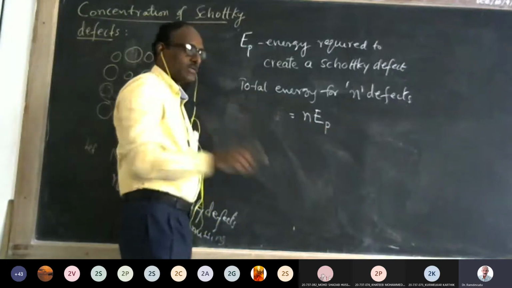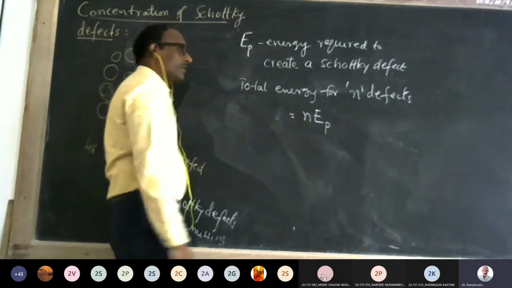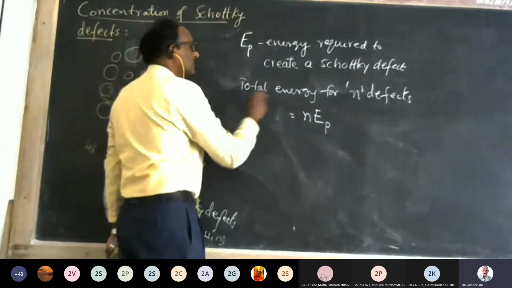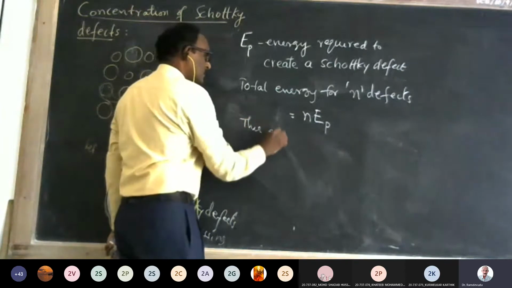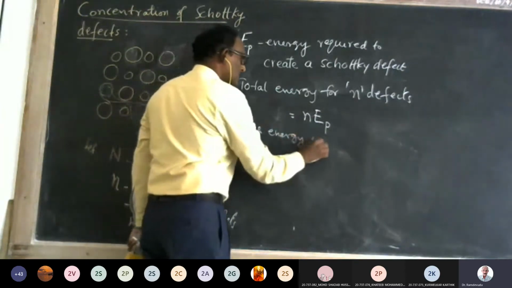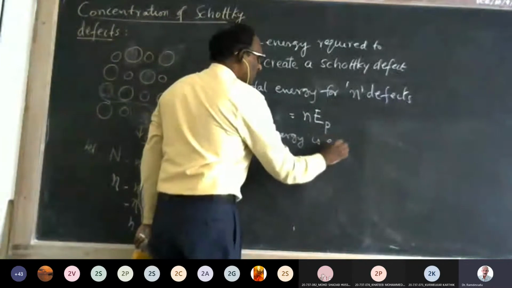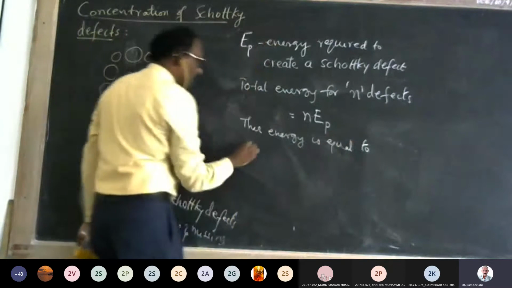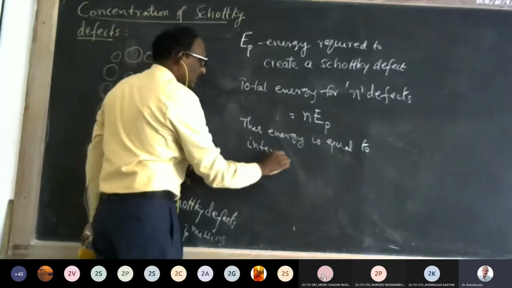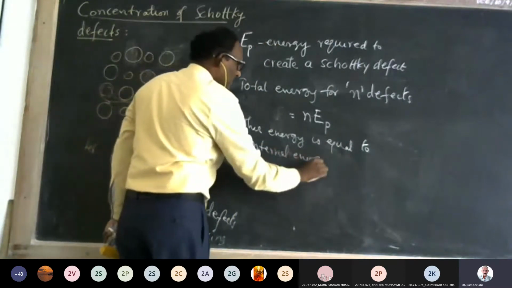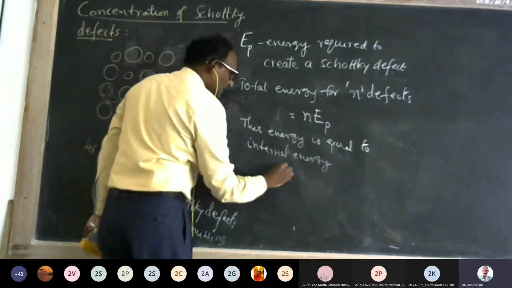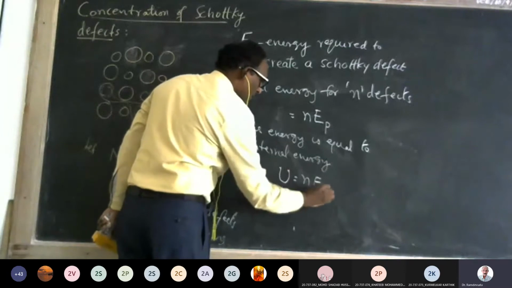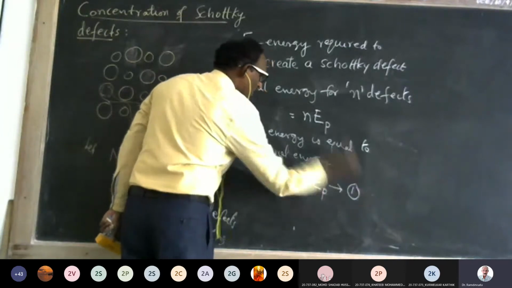Each Schottky defect is EP. There are now n defects, and therefore nEP. This energy is equal to the internal energy. So I write internal energy U is equal to n into EP. Call this equation number 1.